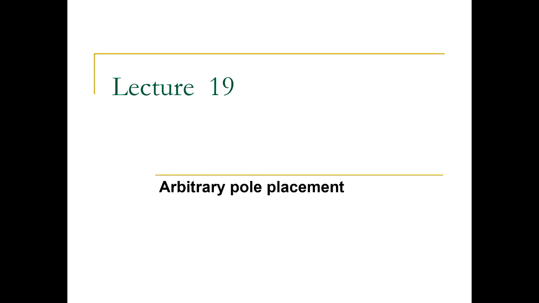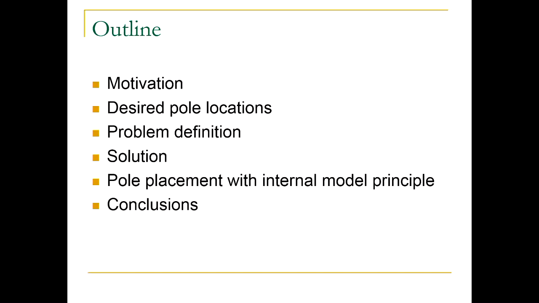So, let's see. This is the outline of the lecture. I'll first motivate the material a bit. Then I'll talk about different ways in which we can decide where to place the poles. So how to choose desired pole locations for the closed loop.